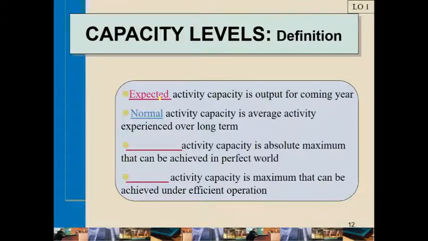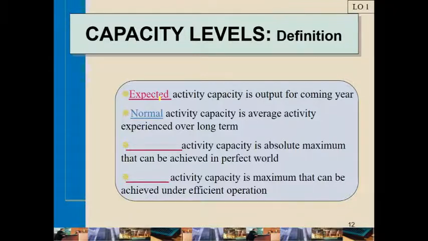Next capacity level is your normal activity capacity, which refers to the average activity output that a firm experiences over the long term. Now, in this case, your normal volume is computed over more than one period.